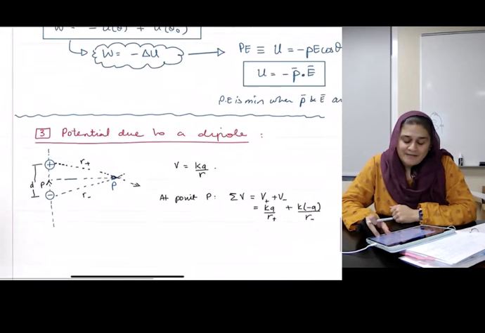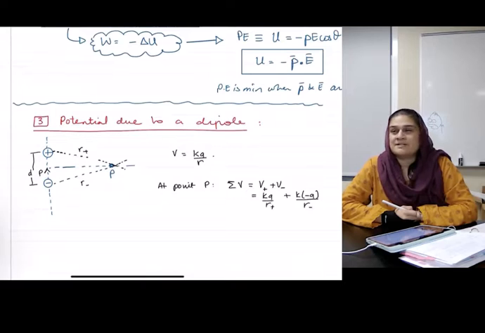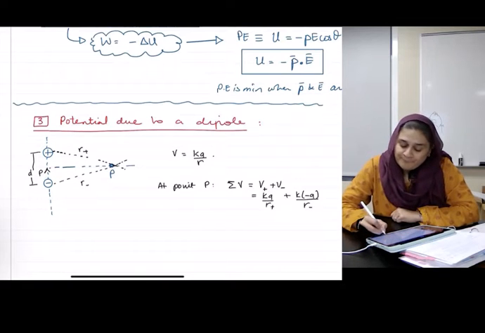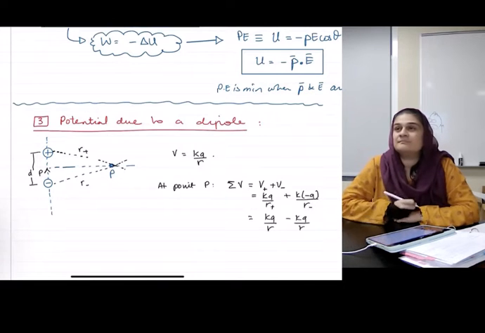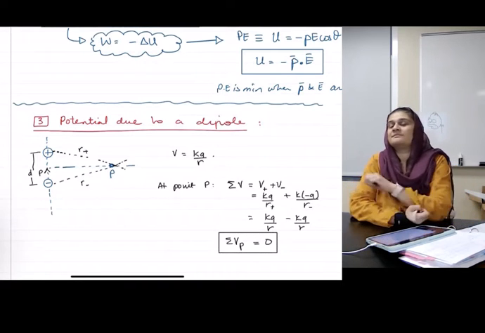The way I have defined this, is R plus the same as R minus? Yep. May I write this as that? So the sum of the potentials at point P due to a dipole is 0.